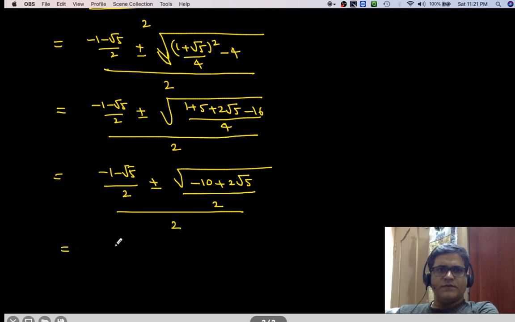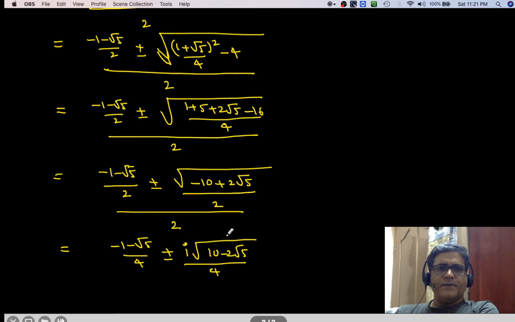This equals (-1 - √5)/4 ± if you take the minus outside the root, it becomes i × √(10 - 2√5)/4.